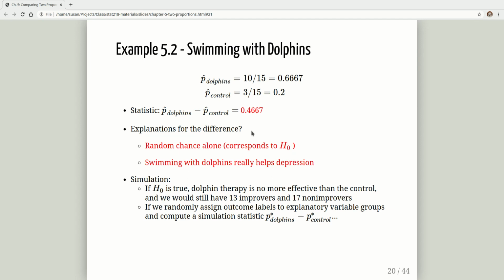Or we could explain it with swimming with dolphins really helps depression. So to simulate this, under the null hypothesis, dolphin therapy is no more effective than the control, and we have 13 people whose depression improved and 17 whose depression didn't improve.